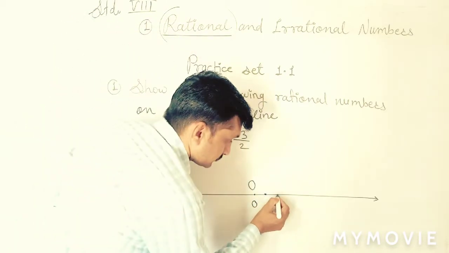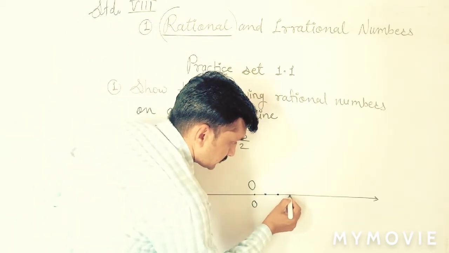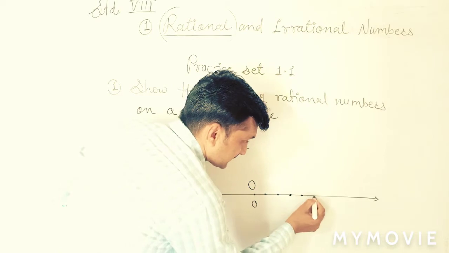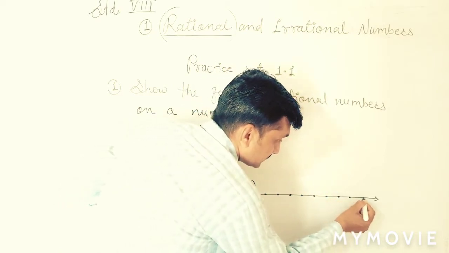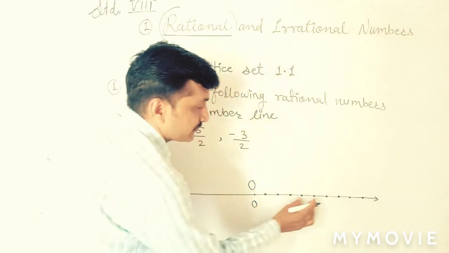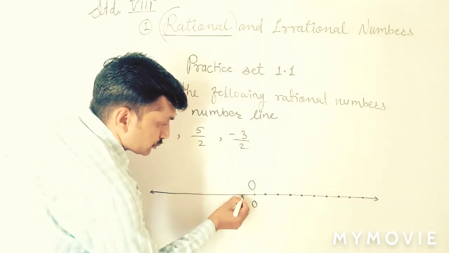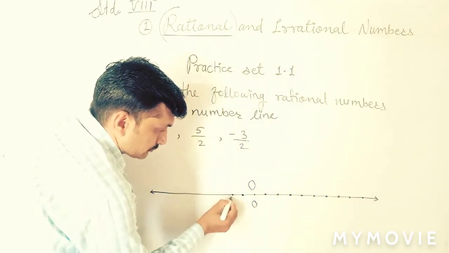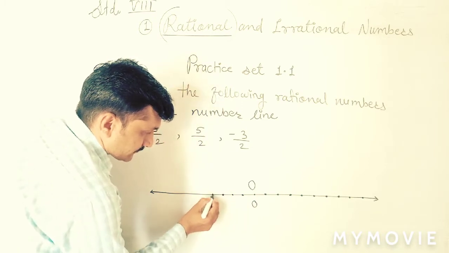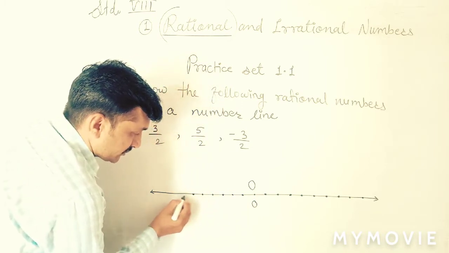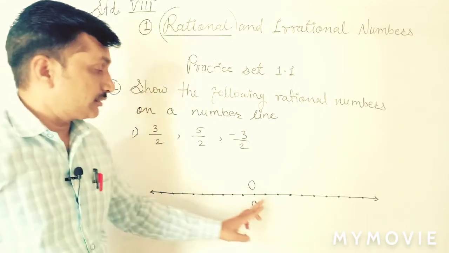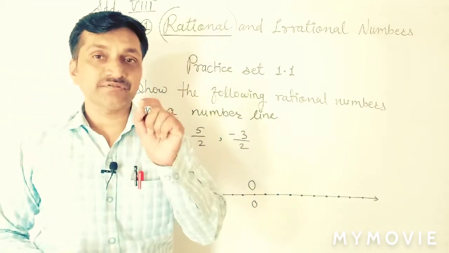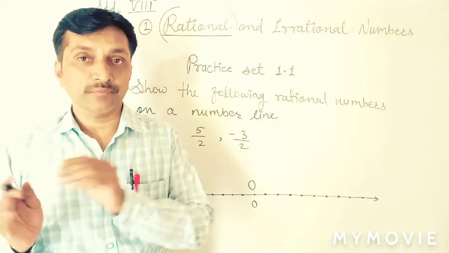Okay, now I plot points like this. What is the distance between each point? Half a centimeter. To the left side also, I plot points. What is the distance between each point? Half a centimeter. Okay? Each point is at half a centimeter from the next.